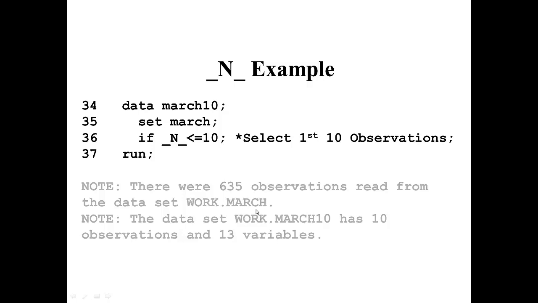This was the dataset I used in the SAS management video. And that our new dataset, March 10, has just 10 observations and 13 variables. And the 10 observations that were selected were the first 10 observations that SAS processed in the data step.